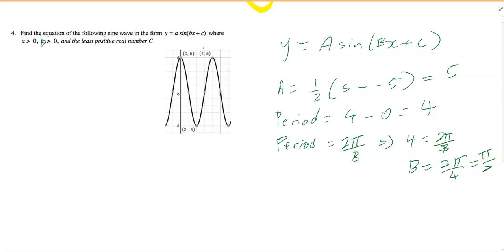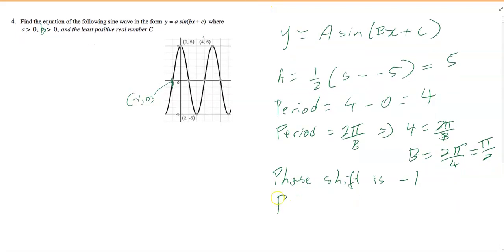Now what about the phase shift? We want c to be as small as possible, so we want to know what this point is. Since these are units of 1, this is going to be -1, the point (-1, 0). We can read that from the graph, so your phase shift is -1. To find c, the phase shift is equal to -c over b, and b is pi over 2.